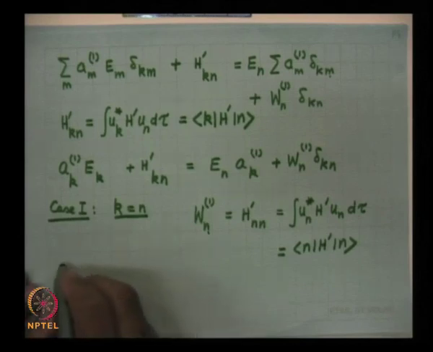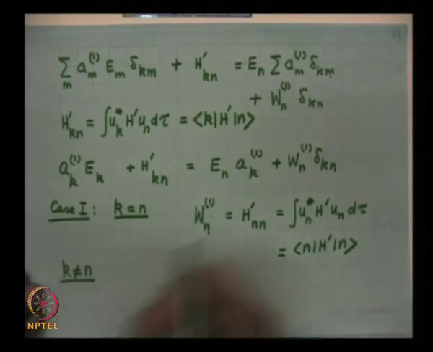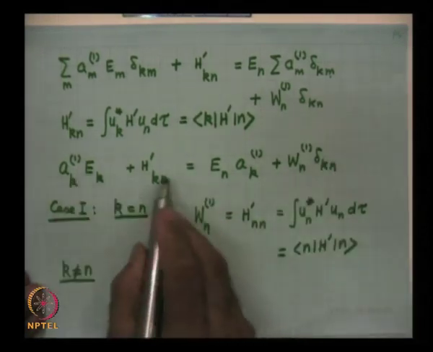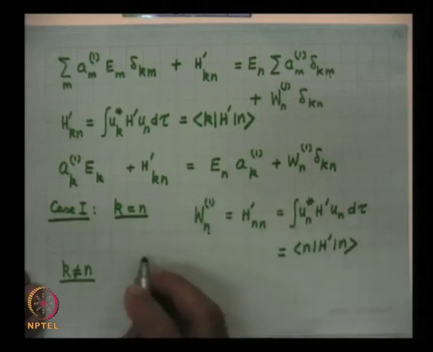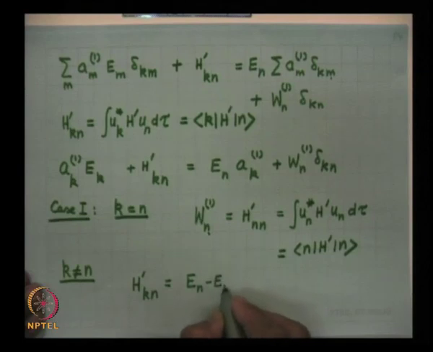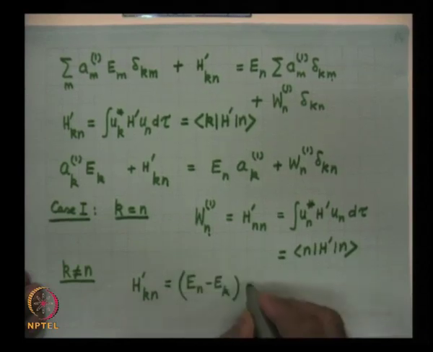When k is not equal to n, then this term goes to 0, and if I take the others, H prime k n is equal to E n minus E k into A k 1.